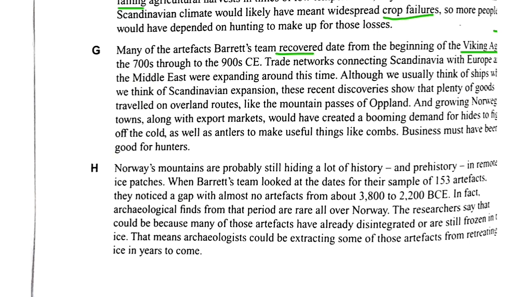Although we usually think of ships when we think of Scandinavian expansion, these recent discoveries show that plenty of goods traveled on overland routes like mountain passes, and growing Norwegian towns along with export markets would have created a booming demand for the hides and gold as well as antlers to make useful things like homes. Business must have been good for hunters.